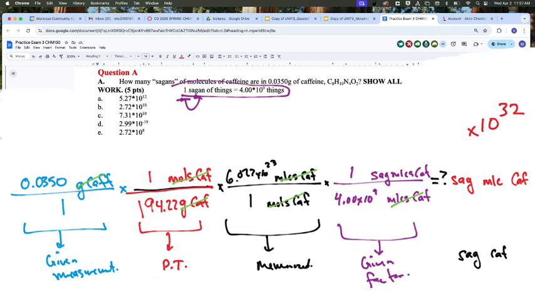Okay. I did say I was going to tell you what Sagan's were officially. I should look it up again just to make sure. Carl Sagan was a famous author who was also a very brilliant physicist and astronomer. And they invented the unit of Sagan's as a nod to him. And I believe what it is in reference to is the number of galaxies in the universe. I think is what it's supposed to be.